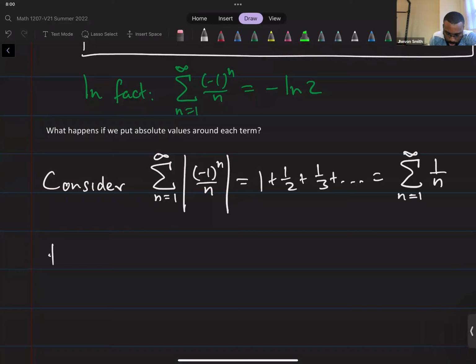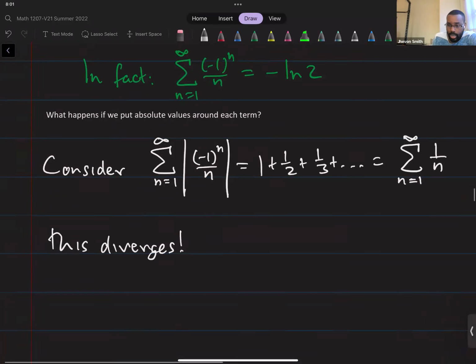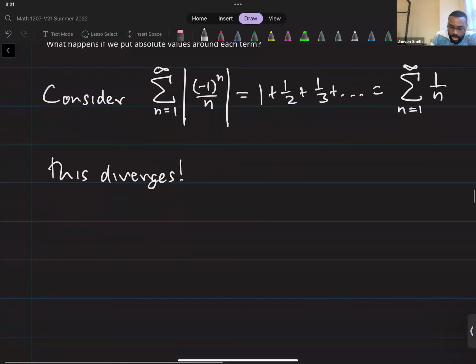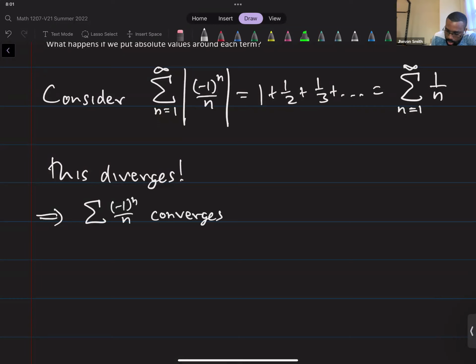And this diverges. You can tell that this diverges because it's harmonic. You can also say it diverges because of the p-series test. But either way, you can conclude that this guy, (-1)^n over n, converges conditionally, with emphasis on conditionally.